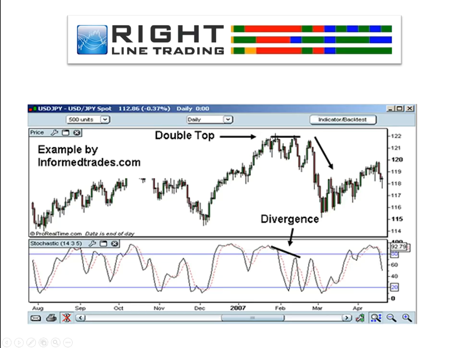Now, what we're looking at right here is price accelerating up to its peak here. Price accelerates up to here, creating this much momentum.